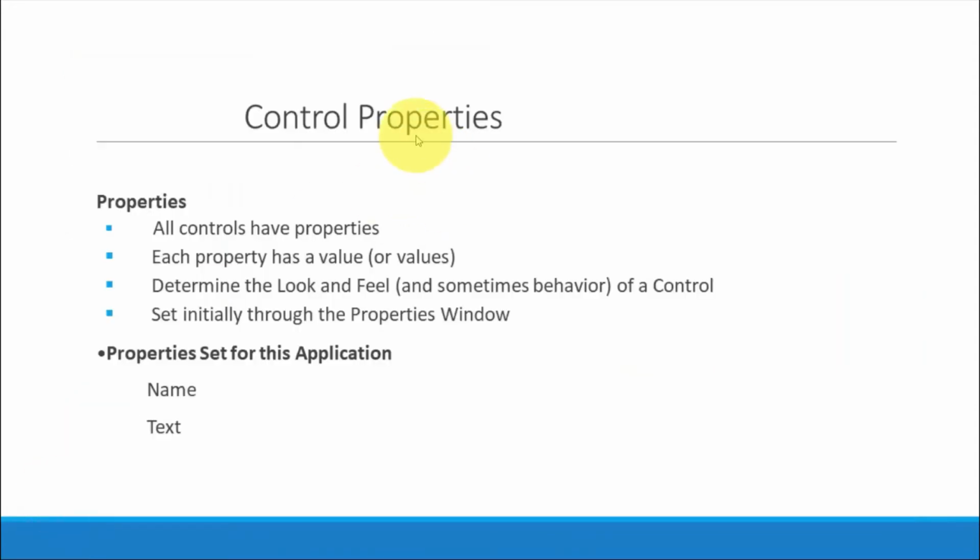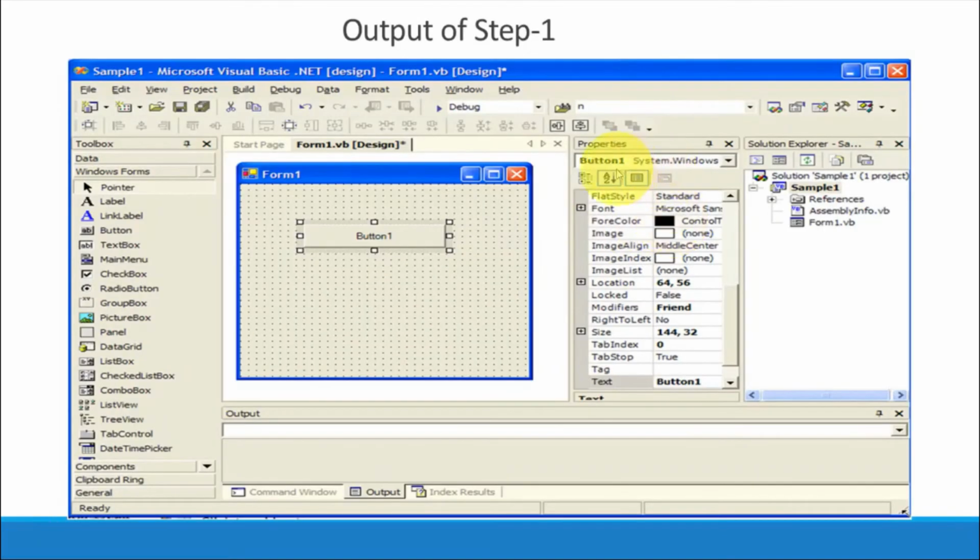Now the control properties. What are the control properties? Since we have dragged the button into our form, we will apply some properties to this button. Suppose Button1 is written over here, so we will write a name. We will do it like this.